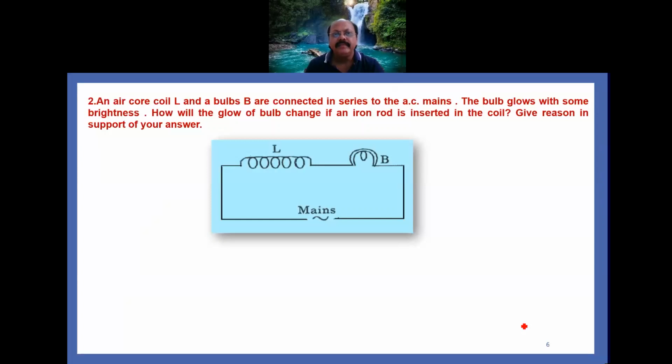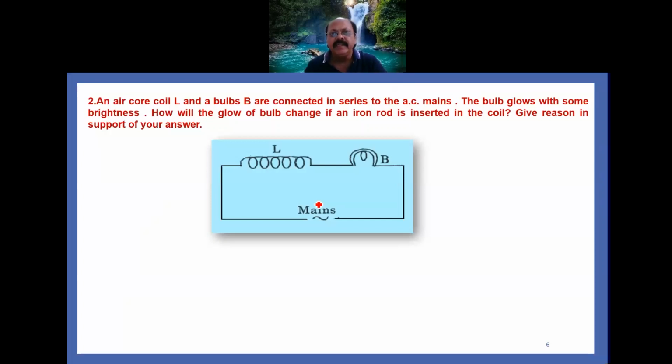You see the similar diagram as of the previous problem. Here the inductor of inductance L is connected to a bulb along with an AC source. Now you understand what the question is asking.